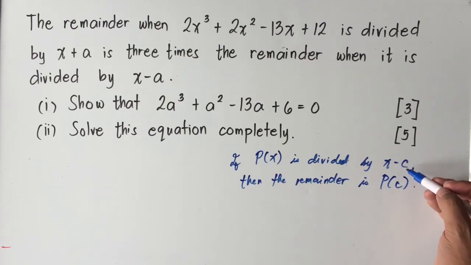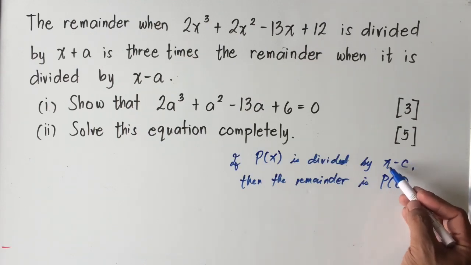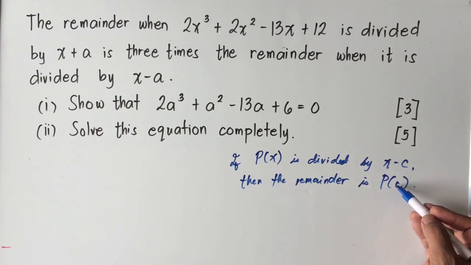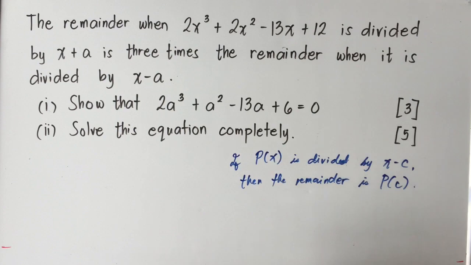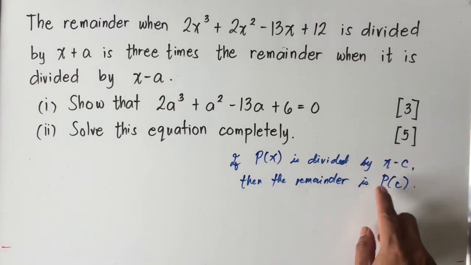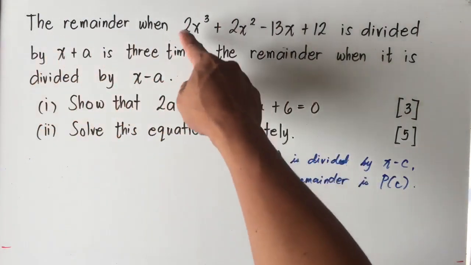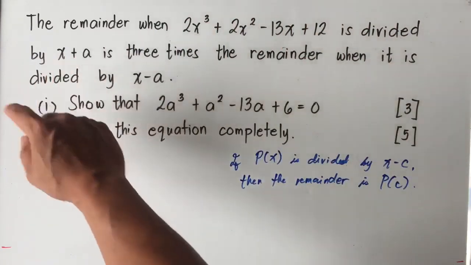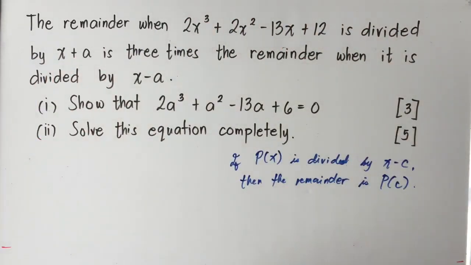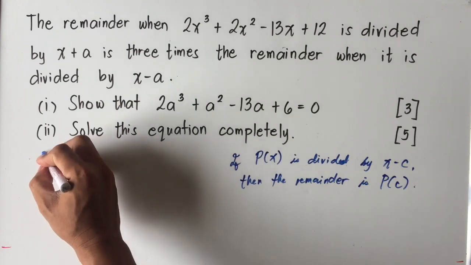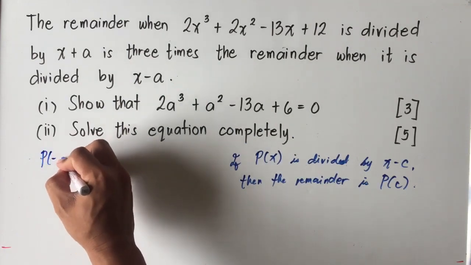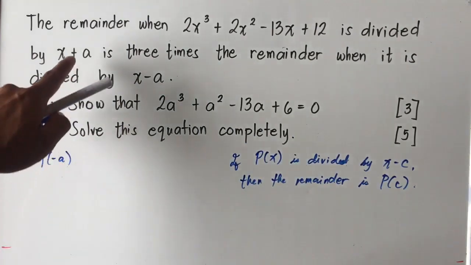Whatever that c is, as long as it is in the form x minus c, will be evaluated inside the polynomial p of x. So if this is x plus c, then this will become negative c. For example, if you divide this polynomial by x plus a, the remainder is p of negative a, because it is x plus a.